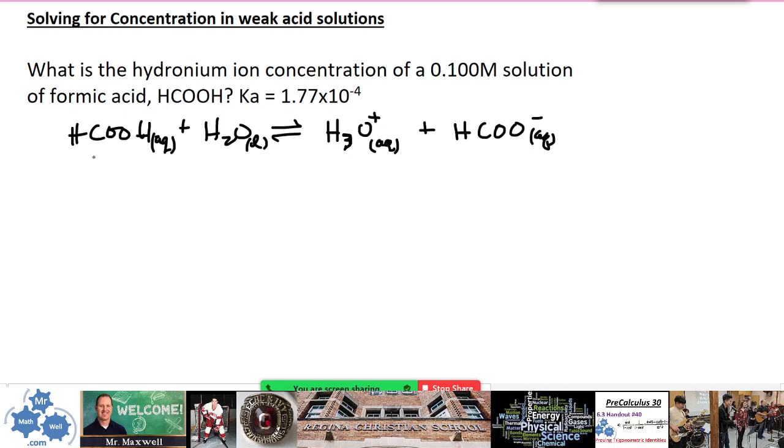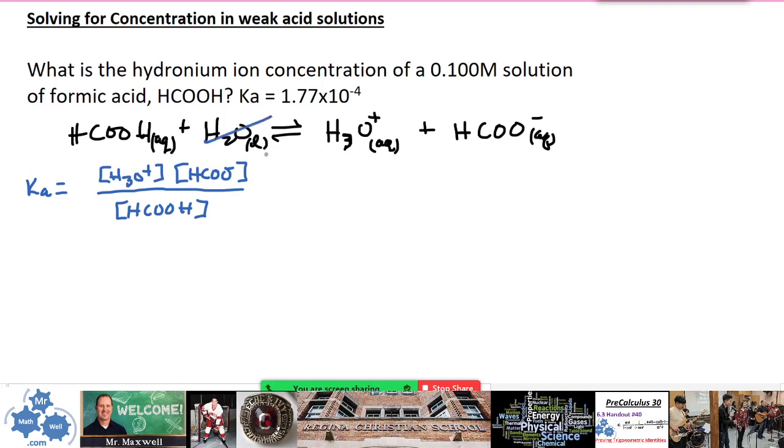All right. So the Ka is going to be very similar to the Keq. So we're going to have concentration of hydronium times, and is this balanced? I guess it's balanced, right? Concentration of HCOO negative. But then what we're going to have to do is divide it by the concentration of HCOOH at equilibrium.